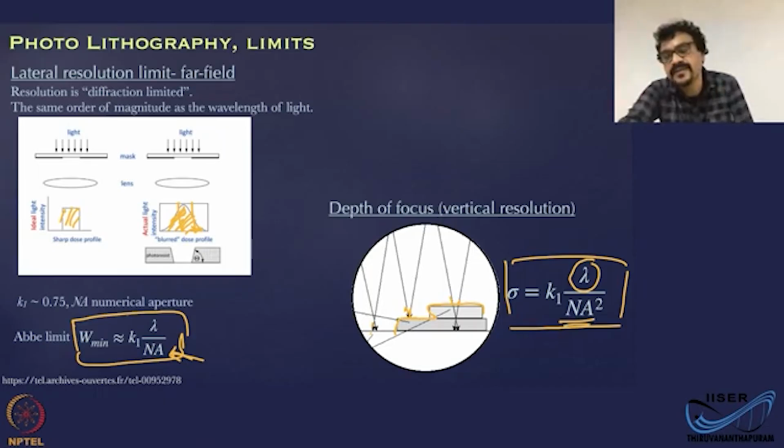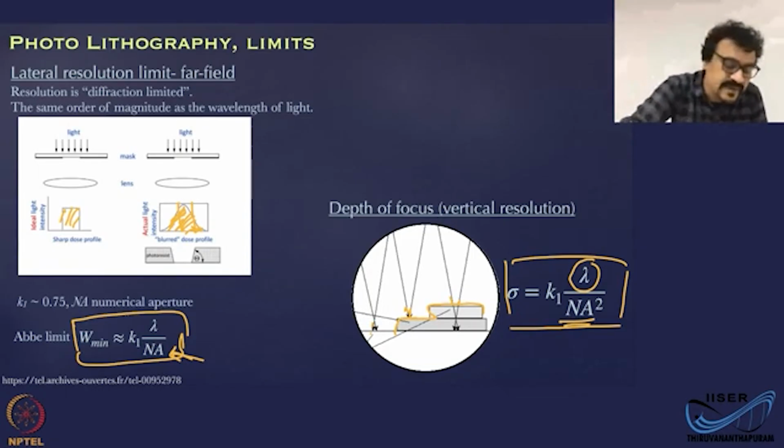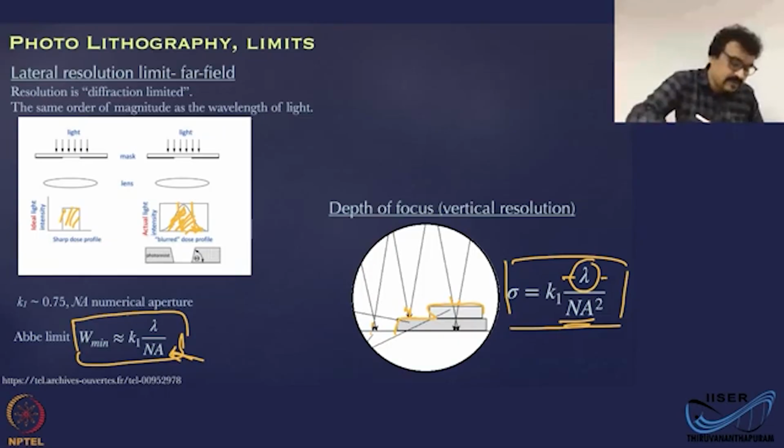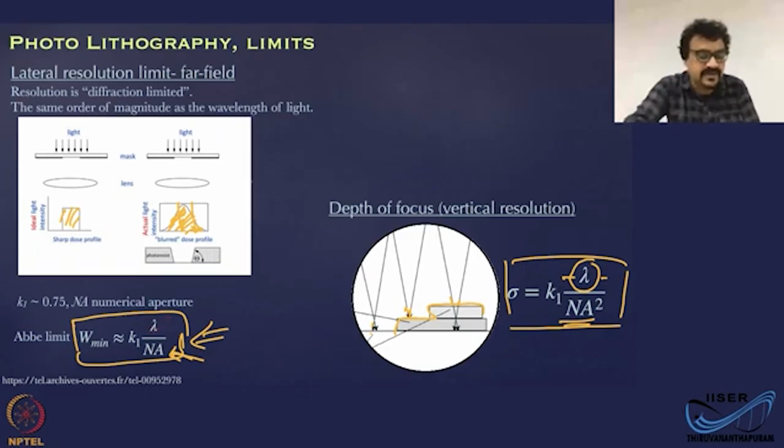Now here, the depth of focus is more when you have a larger wavelength. So you might assume that you can play with a slightly larger wavelength and get a larger depth of focus. But that will be at the expense of the resolution here, because this criterion says the resolution is also limited by the wavelength. So if you try to make the depth of focus better by increasing the wavelength, that will be at the expense of resolution.